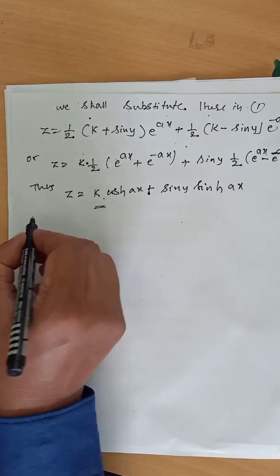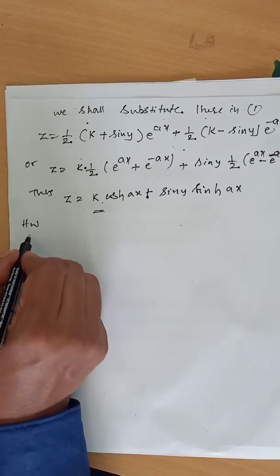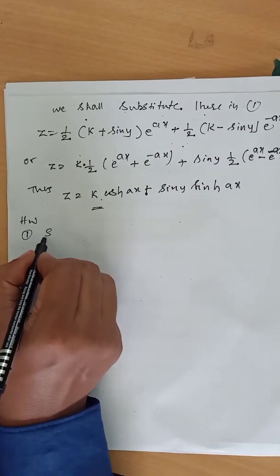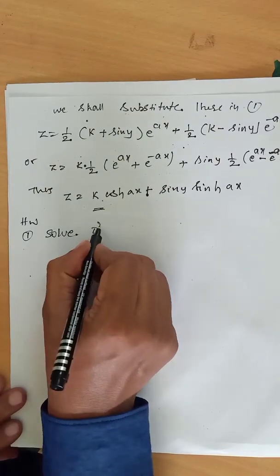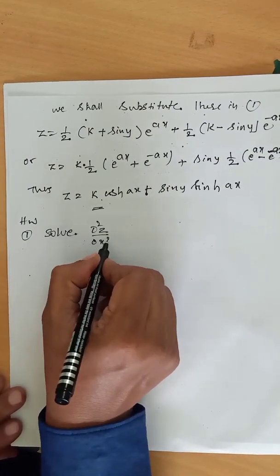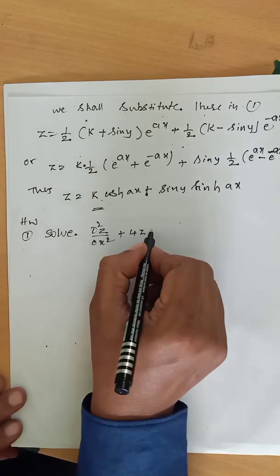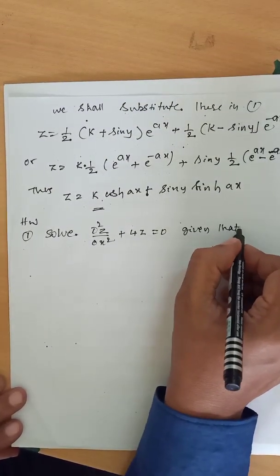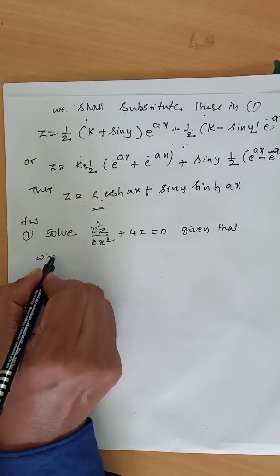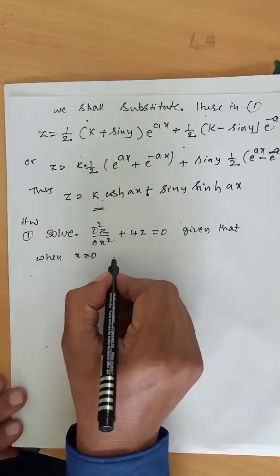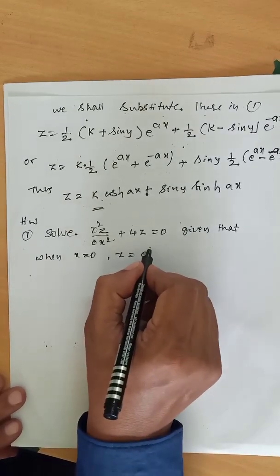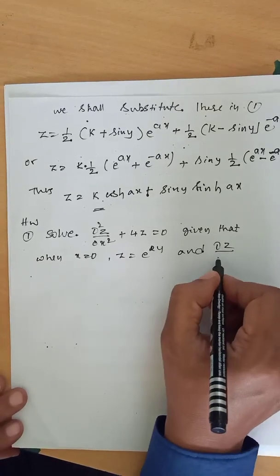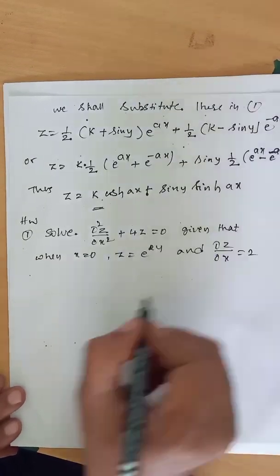So, a homework problem like the previous problem: solve ∂²z/∂x² + 4z = 0, given that when x = 0, z = e^(2y), and ∂z/∂x = 2.